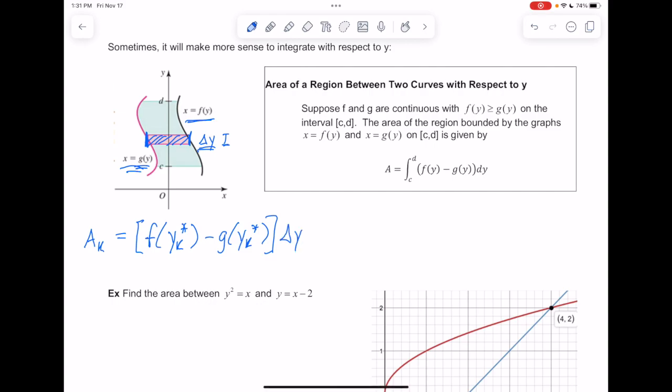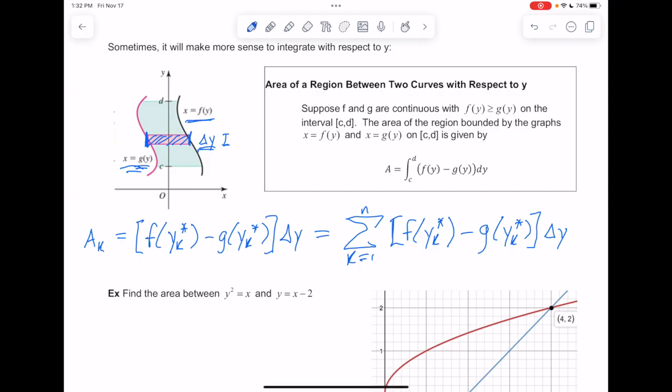And if we wanted to turn that into the area over the whole region, we would take the sum, as k goes from 1 to n, of that same thing. So of the right-hand side, f of y sub k star, minus the left-hand boundary, which is g of y sub k star, times the thickness of that rectangle, which because of the horizontal layout here would be a delta y.